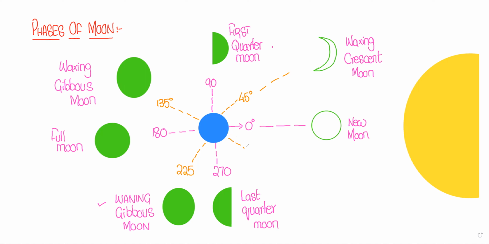Yes. Which is around 315 degrees. So again, we observe the new shape of the moon, and that is the opposite of the waxing crescent, that is the waning crescent.